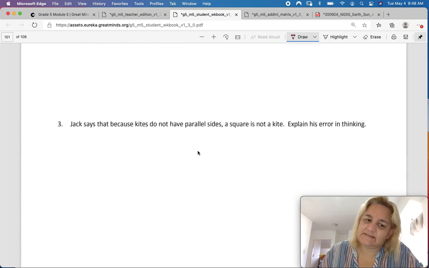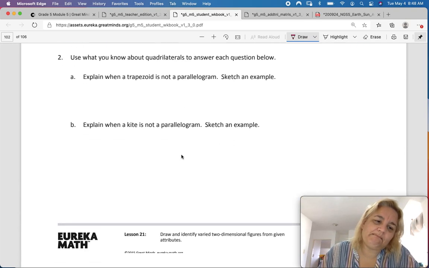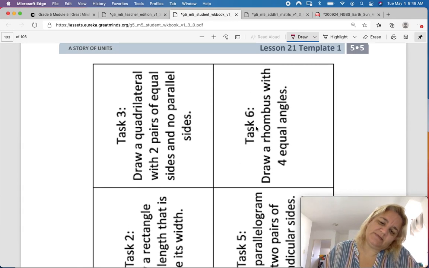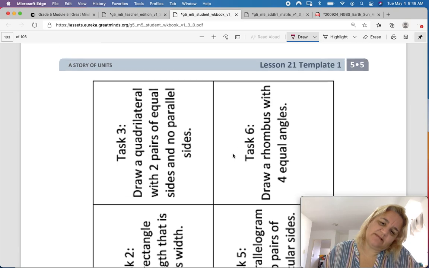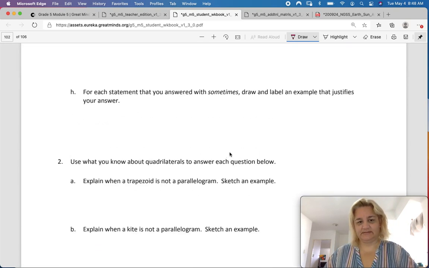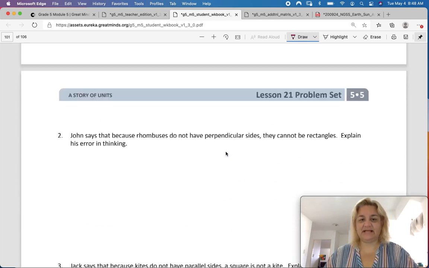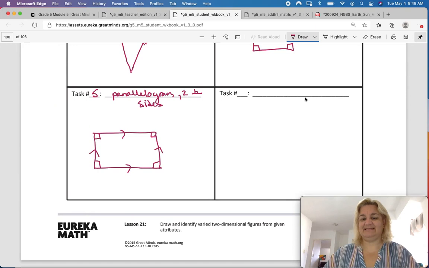And number 6. Draw a rhombus with 4 equal angles. Well, the only way to get 4 equal angles is to use 90-degree angles because 360 divided by 4 is 90.